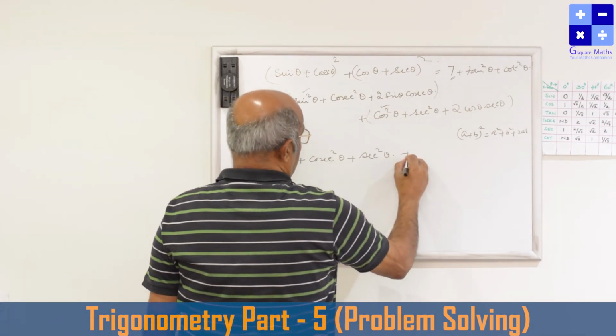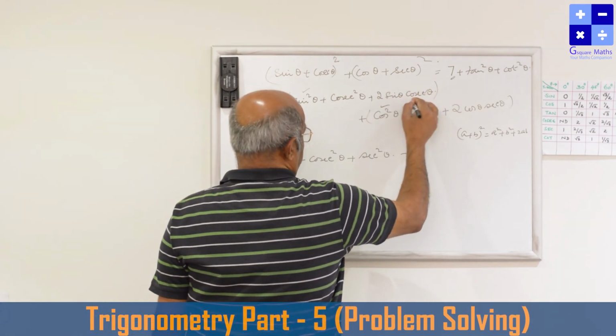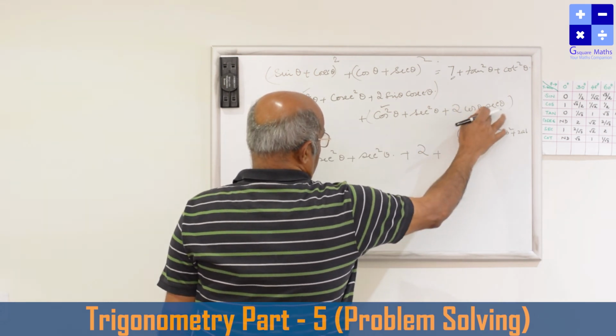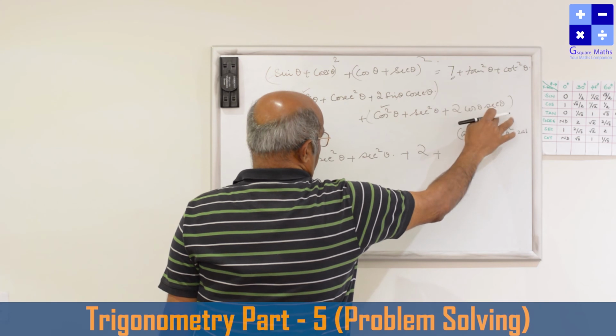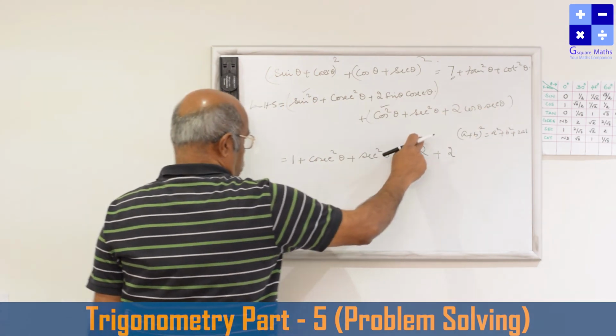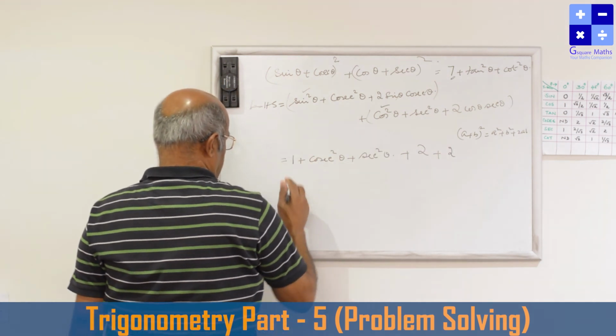This is nothing but 2. Here this 2 will get cancelled. Similarly, this also will get cancelled, because sec theta is nothing but 1 by cos. Cos will get cancelled, that's 2. So we got 2, and this, so 5.